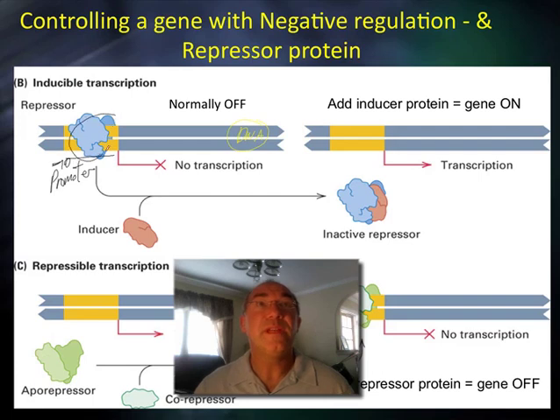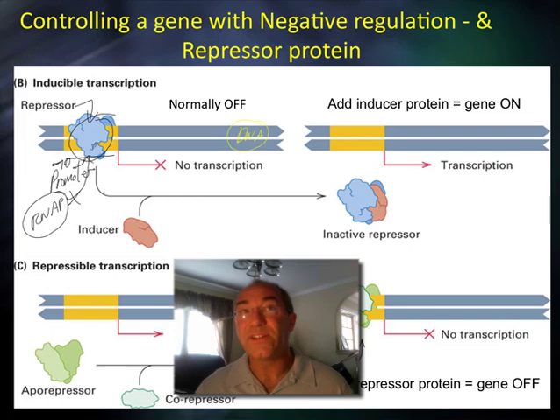This molecule here is a repressor protein, and its job is to block the -10 area of that promoter region so that RNA polymerase, here's RNA polymerase, cannot get in there to do any transcription, so there ends up being no transcription.